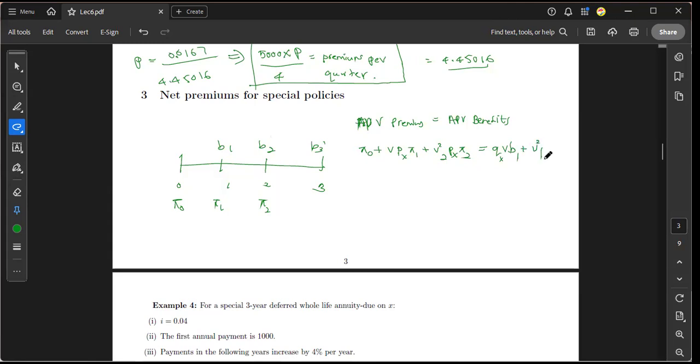In the second year, survive the first year, dies in the next year, the amount of benefit is B2. For the third year, survive for the first 2 years, death occurs in the next year, the amount of benefit is B3.